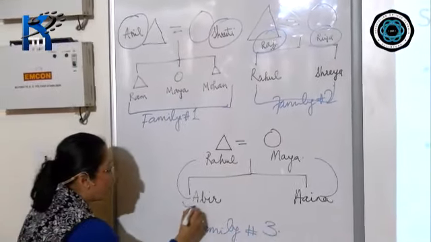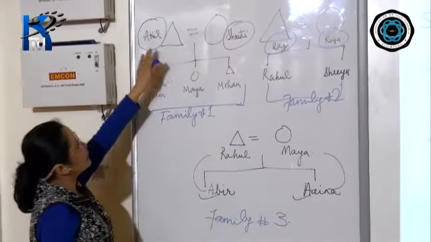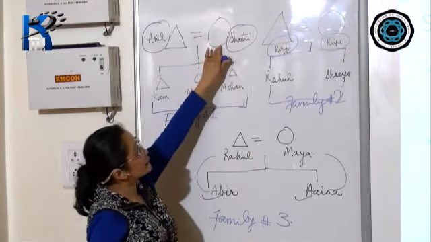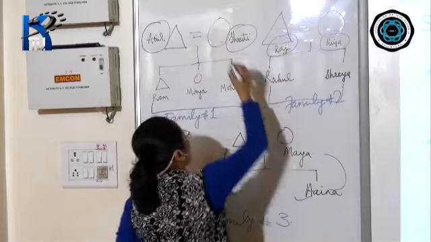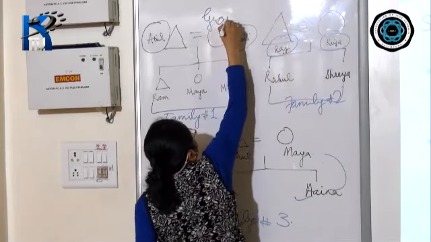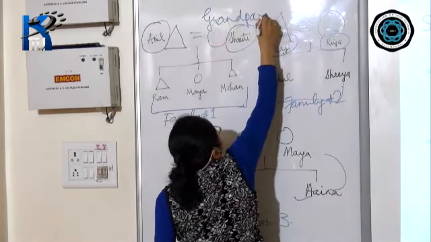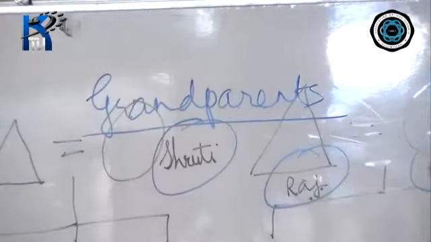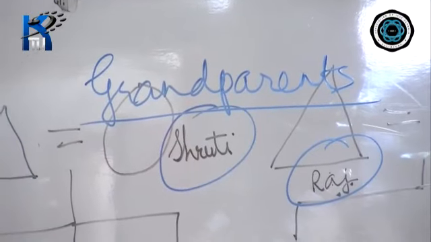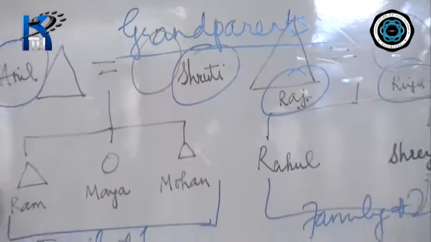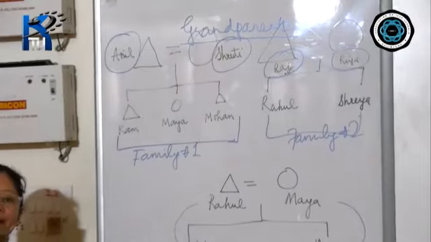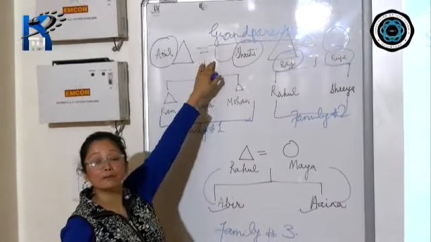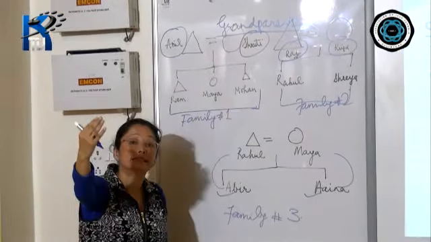So, for Abir and for Aina, Anil, Shruti, Raj, Riya will be addressed as grandparents. Grandparents meaning your parents' parents. So your parents are your primary kin, but your grandparents are your secondary kin.